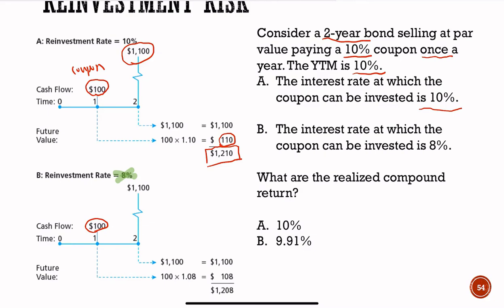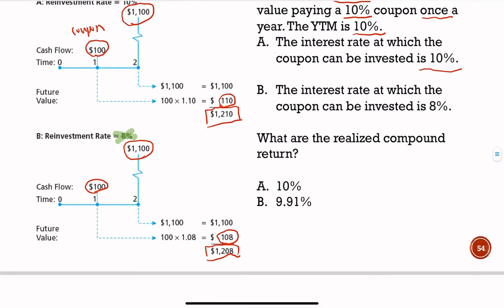So in this case, you can see that you will have $108, and still you will get back your principal and 1 coupon payment at the end of the 2nd year. So it's $1,100. In this case, you can see that because of the difference in the reinvestment interest rates, you will have a lower return in the second case.